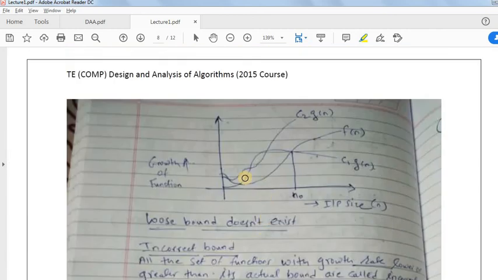We can observe on the diagram a plot of three functions f of n, c1 g of n and c2 g of n. At this point we can observe f of n is lying in between c1 and c2, so this point acts as n0. Beyond this, there will not be any further growth in f of n more than c2, nor will it be lesser than c1. It will always be in between c1 g of n and c2 g of n.